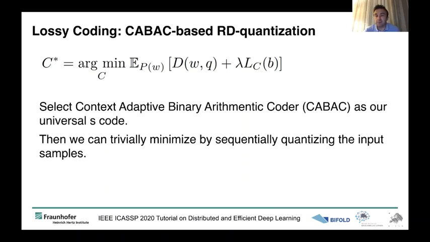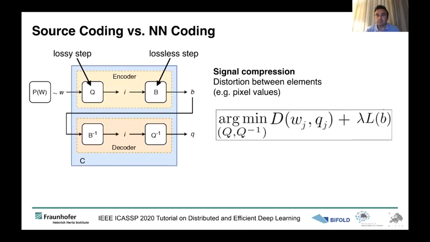So if we have CABAC as an estimator of our code length, we can simply find the quantization values very easily by solving this rate distortion term.